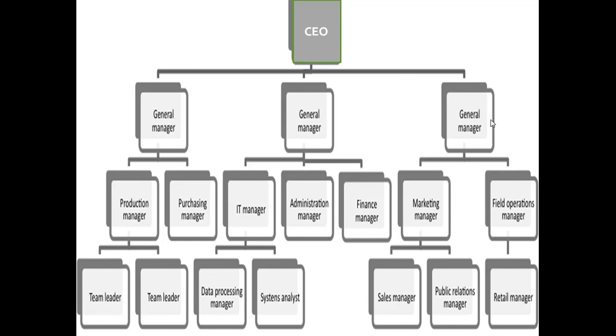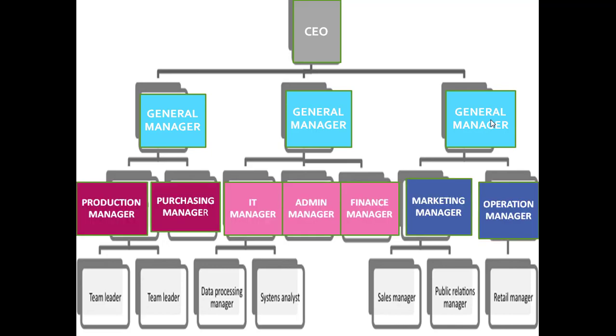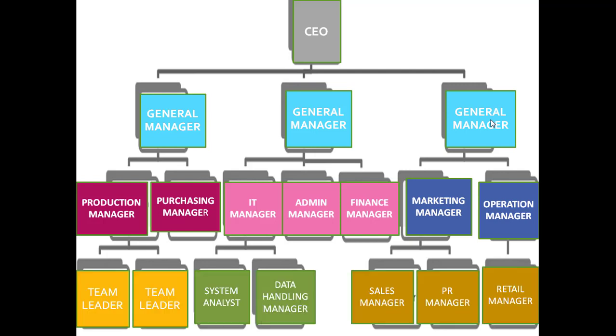When the CEO decides, he will again pass on the message to the general managers. The general manager will pass the message to the production manager. Then the production manager will again pass it to the team leader of the department, right? So it has many levels of management through which a certain decision has to follow, which results in delay in action.